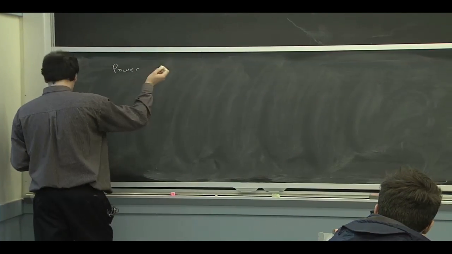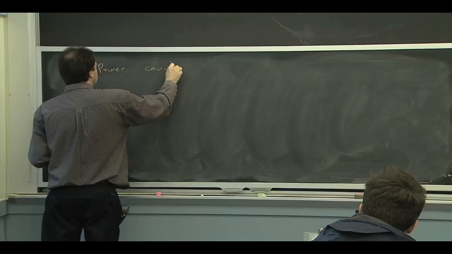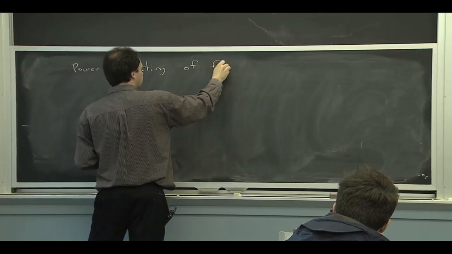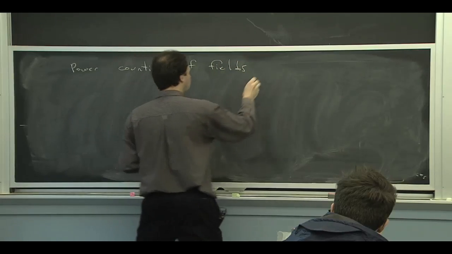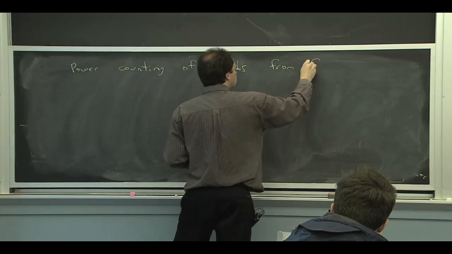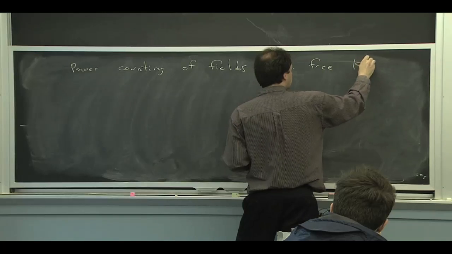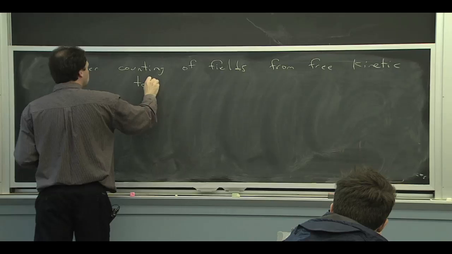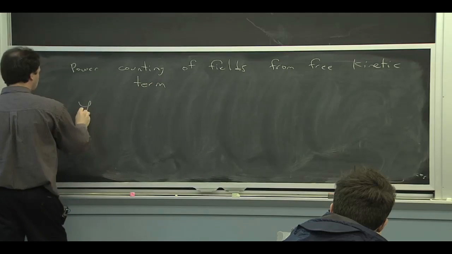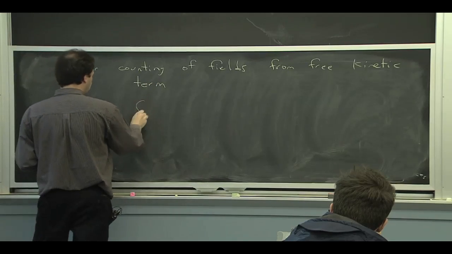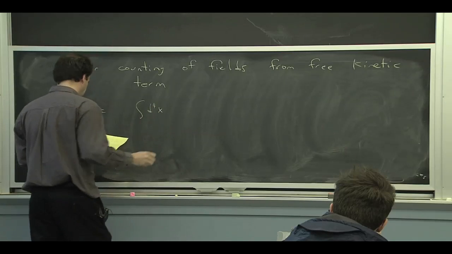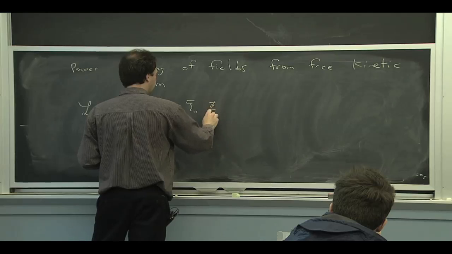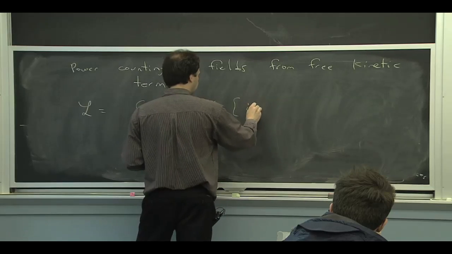And if we just take the free kinetic term, which is the Lagrangian that would give that propagator, that's enough to determine the power counting for fields, as is always the case in any effective field theory. So we haven't figured out what the Lagrangian is, but we know something about what it's going to look like. So let me write down enough of that to determine for you what the power counting would look like.